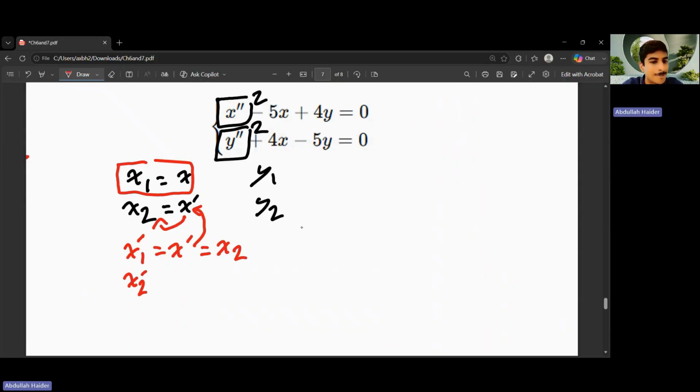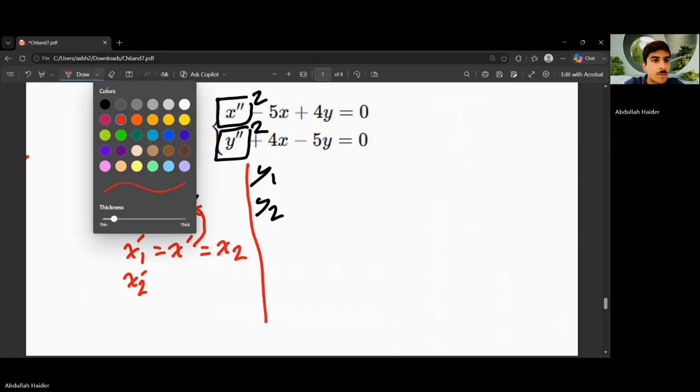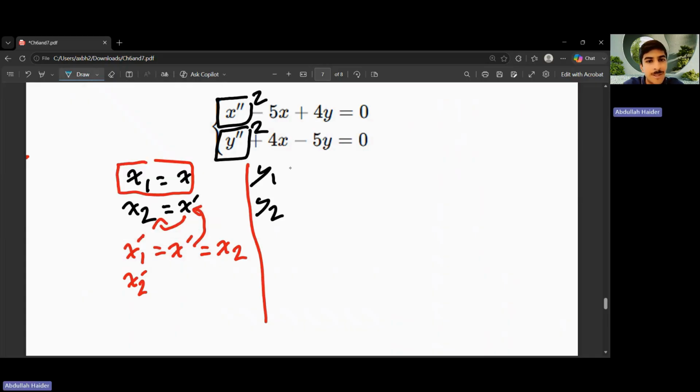This might make things more clear, and same for the y as well. You have y1 equal to y, y2 equal to y prime. So if I want to find my y1 prime, this will basically be y prime, and this y prime leads me to y2. Hopefully now things should start becoming clear.